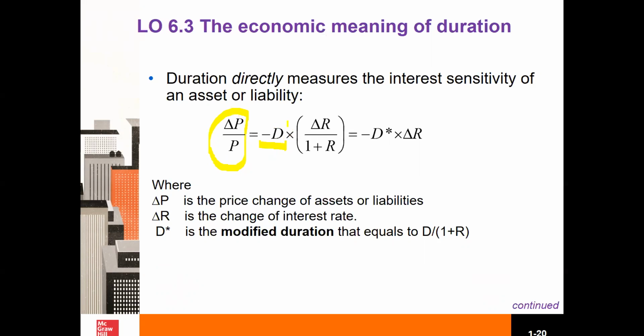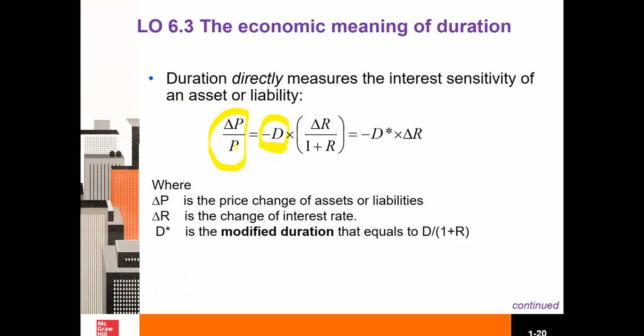So we already know how we calculate D. Now, when D is divided by 1 plus R, this denominator, then it's called modified duration. This modified duration is multiplied by the change in interest rate. That means as we multiply the change in interest rate with the modified duration, we get how much the price will change.